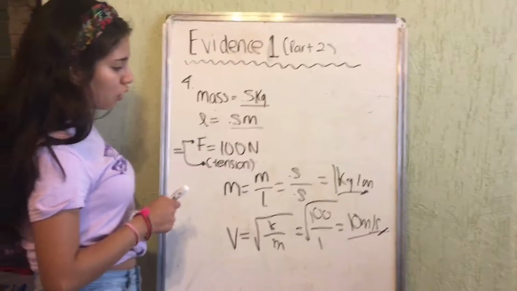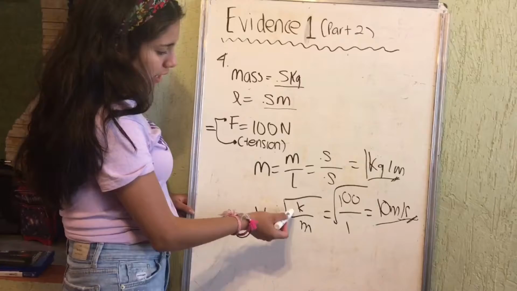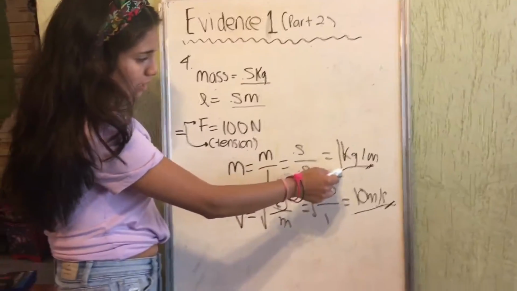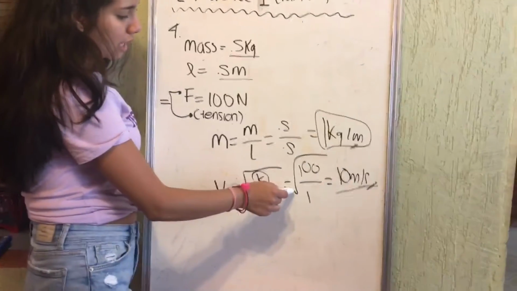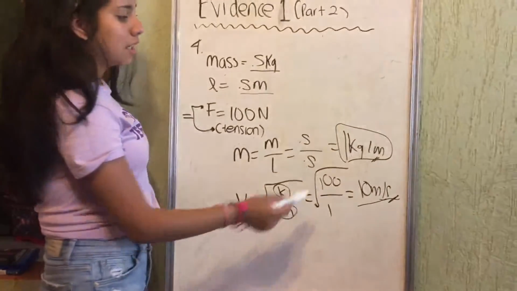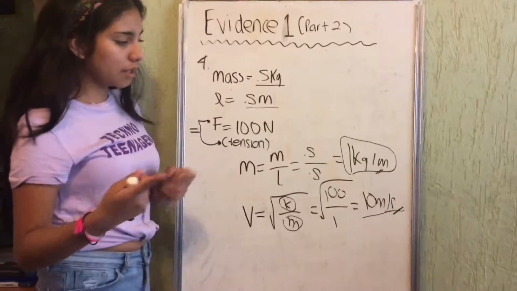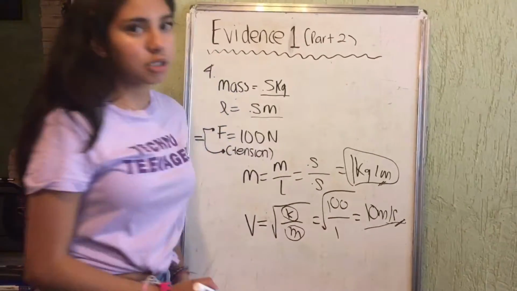In this case, we know that our force is the 100 newtons, and we already have the mass per length, that is here. So we have both, so we can solve it: first of all 100 over 1, and we take the root, and it gives us 10 meters per second.